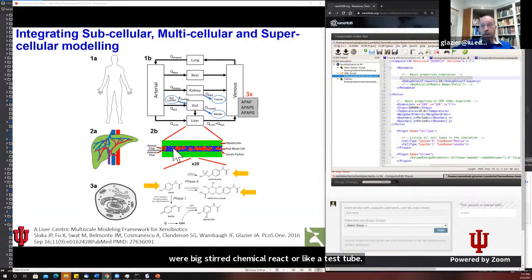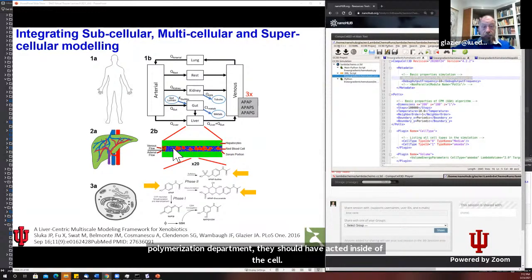In reality, there's a lot of spatial variation of concentration within the cell, and signals often have a spatial component as well as a temporal component. So, for example, if we're talking about chemotaxis, the signal starts at the cell membrane and then modulates the polymerization, depolymerization of actin inside of the cell.